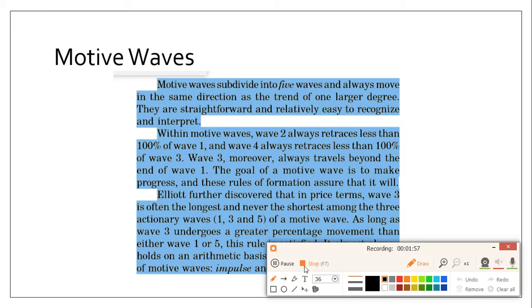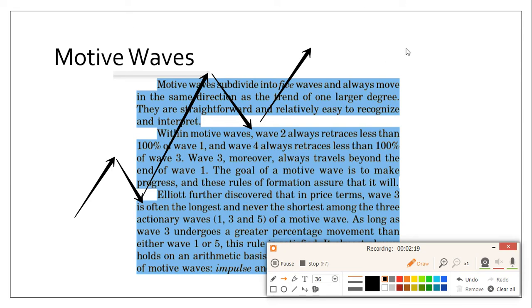What I mean is, if we have this as a trend up, we're going to pretend this is a 1 2 3 4 and 5.